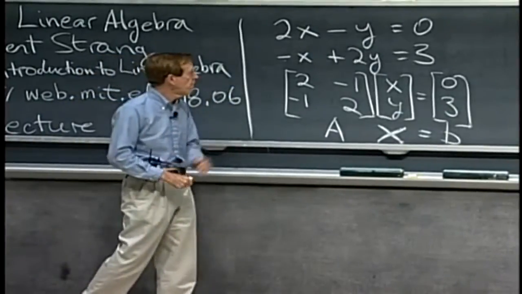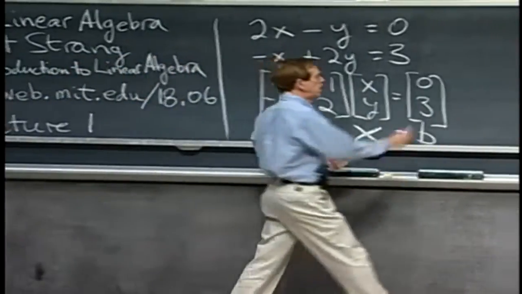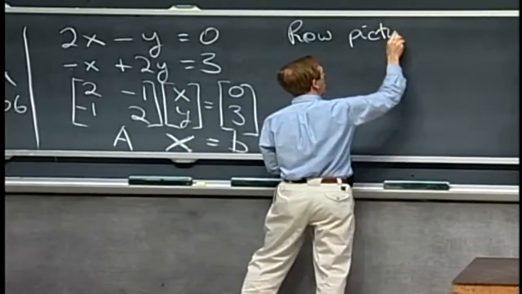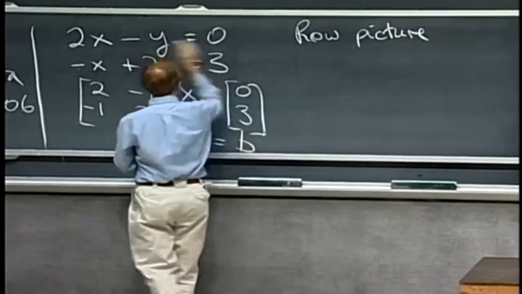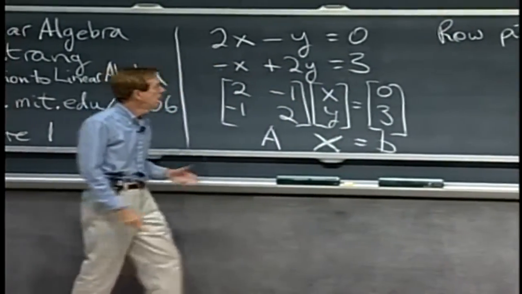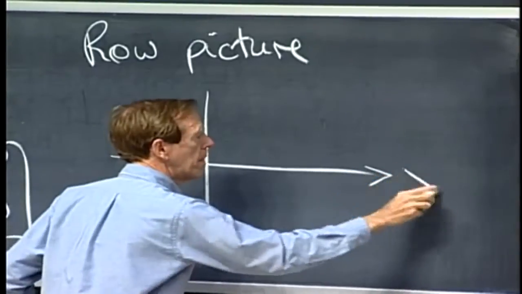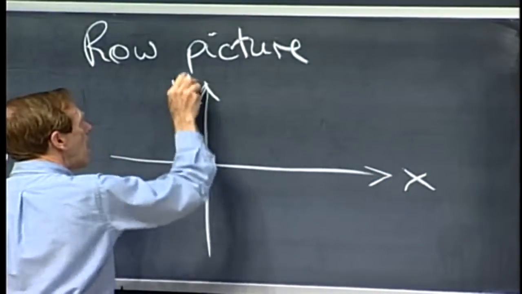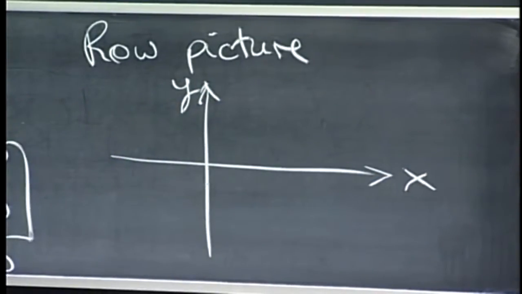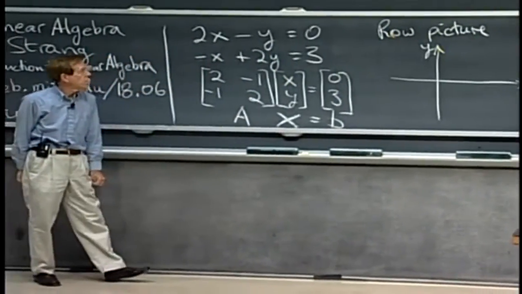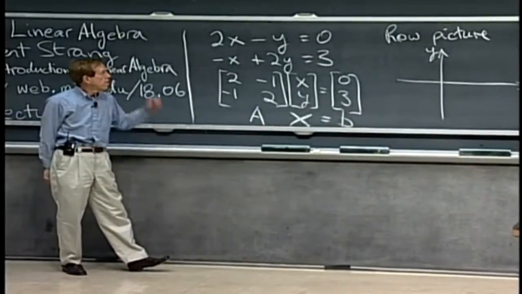Okay, what's the picture for this example? The row picture. So here comes the row picture. That means I take one row at a time, and I'm drawing here the xy plane, and I'm going to plot all the points that satisfy that first equation.